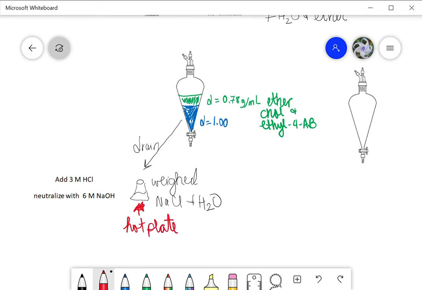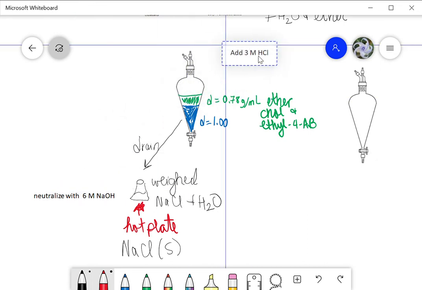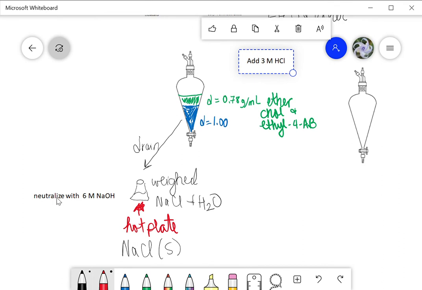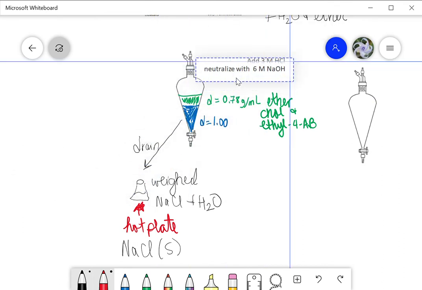We'll drive off all the water and we'll be left with sodium chloride. So that's a relatively simple one. So we're just going to rely on the solubility of sodium chloride in water.